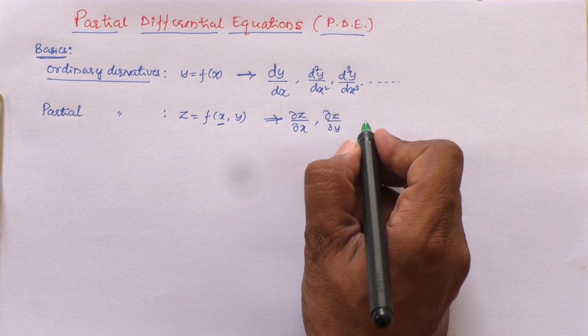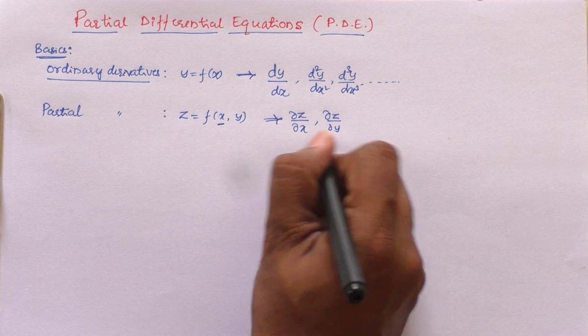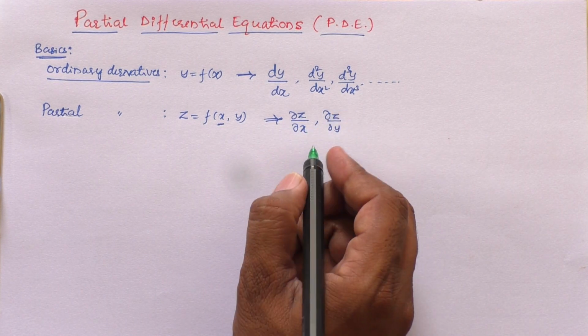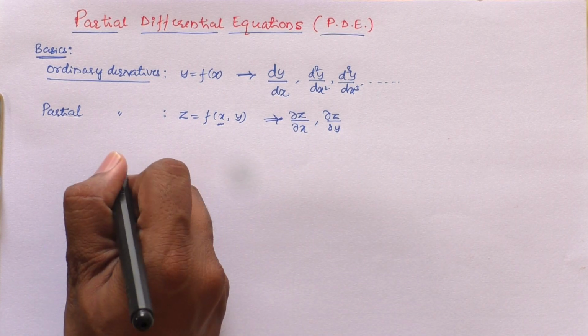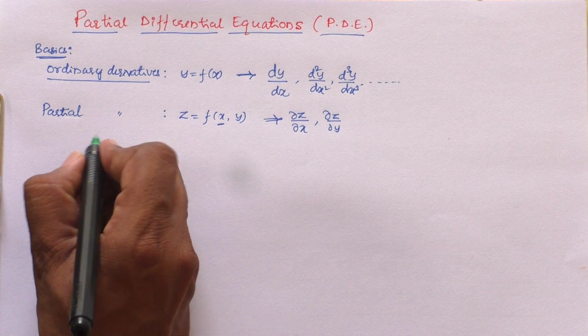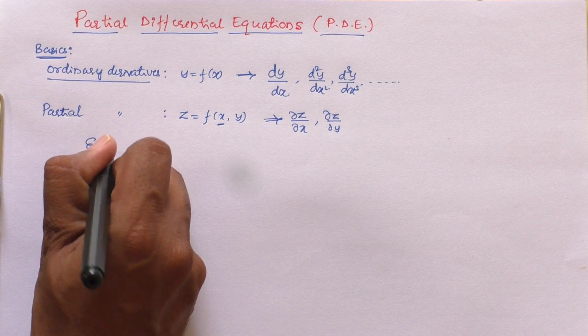So these two are called partial derivatives. Dou z by dou x, dou z by dou y are called partial derivatives. Now let us know about some basic examples.